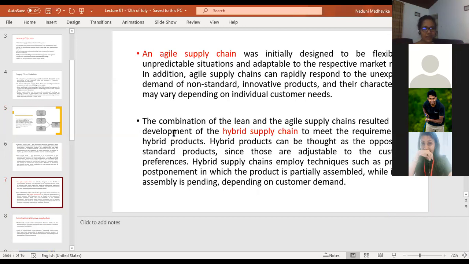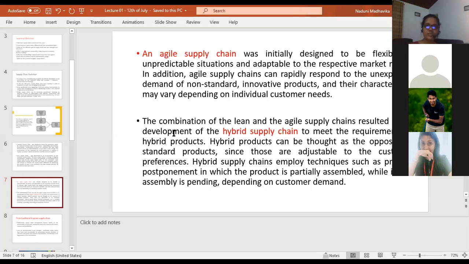Hybrid product simply means that it's going to be a customized product which is catered based on the customer requirements. That may be as a result of an unpredictable situation, or maybe because of the requirement of the customer itself.